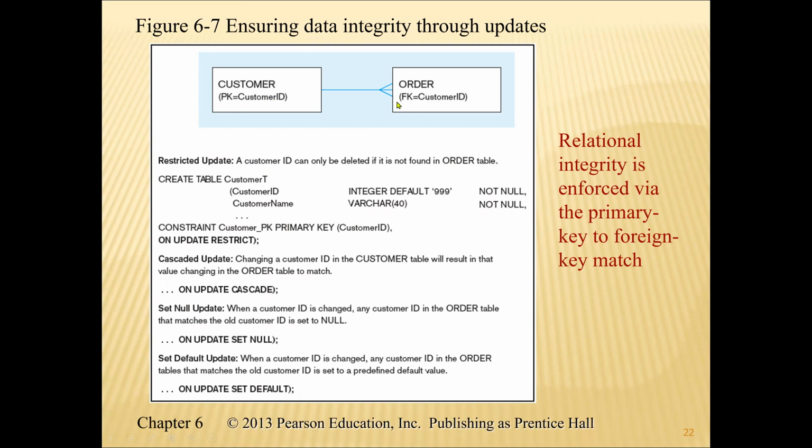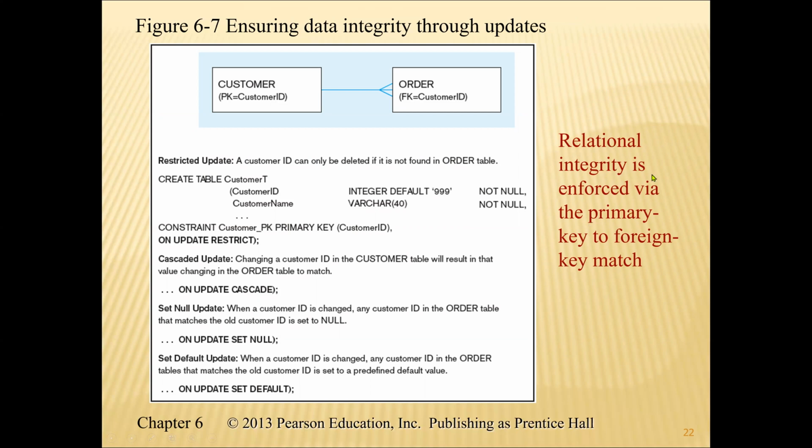And customer ID is an FK, that's a foreign key, in the order table. So we have a relationship between these two tables. So now we are saying that the customer ID can only be deleted if it is not found in the order table. This will be one of the rules of referential integrity.